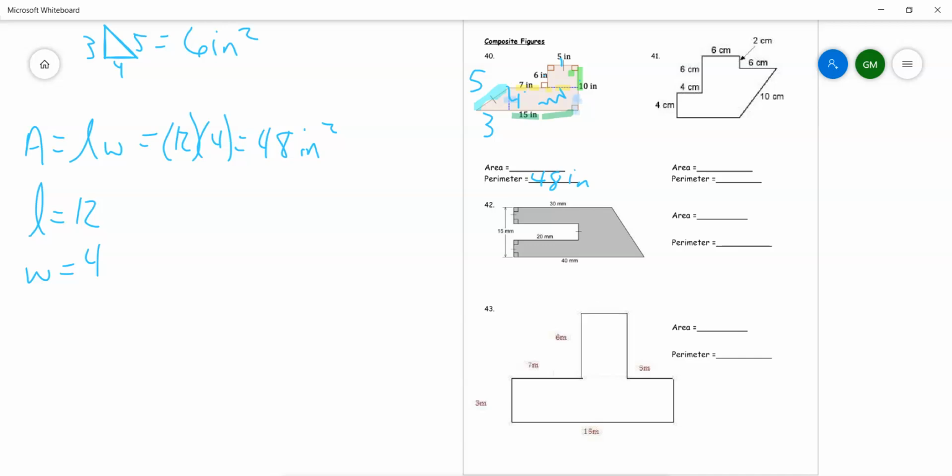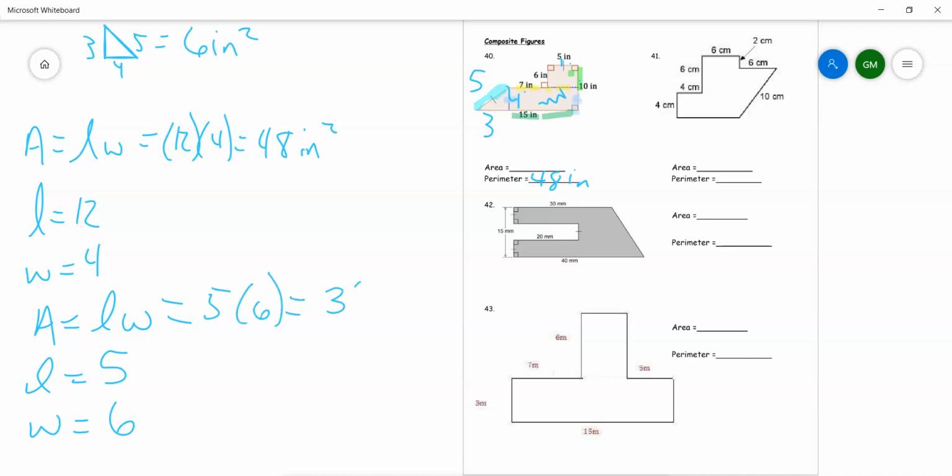And the smaller rectangle, okay, with a length of 5 and a width of 6. 5 times 6 is 30 inches squared.